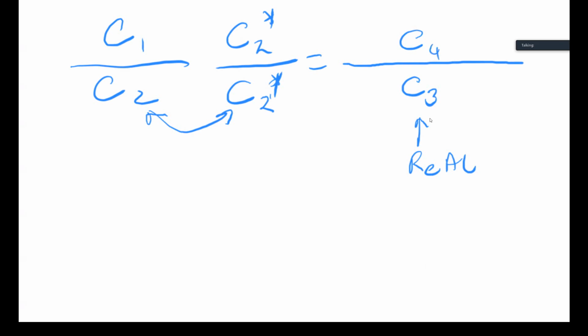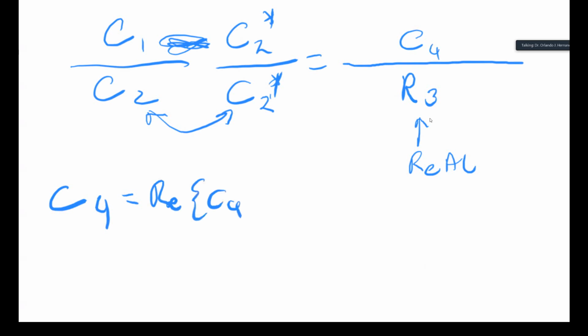Let's just call it R for real, over some complex expression after you do this multiplication. Then you split C4 into real of C4 plus imaginary of C4 here, right?